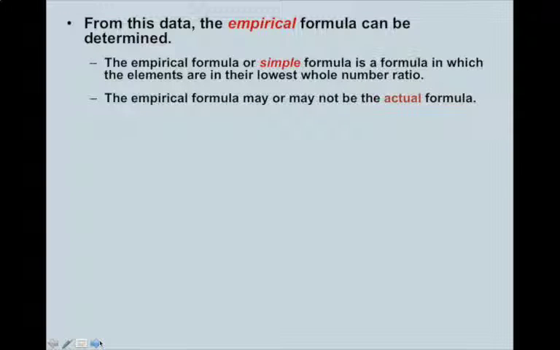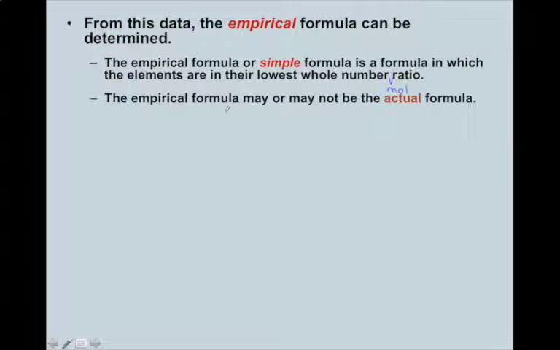From this data, whichever one I give you, the empirical formula can be determined. The empirical formula, or the simple formula, is a formula in which the elements are in their lowest whole number mole ratio. Empirical formula may or may not be the actual formula. It just depends on what compound you're looking at.